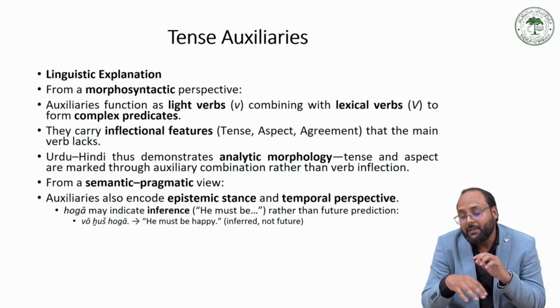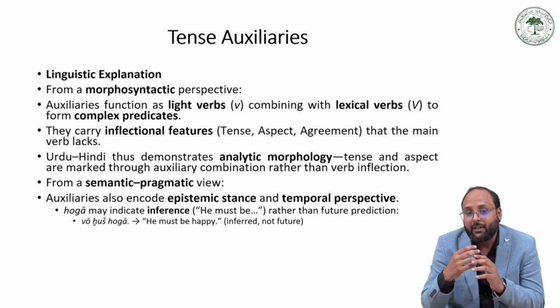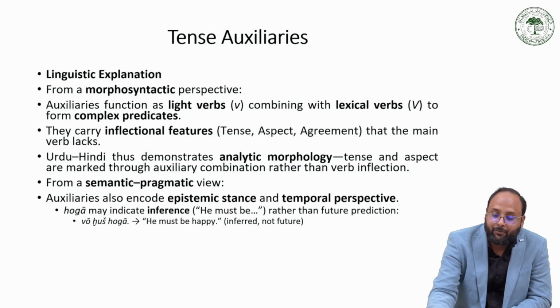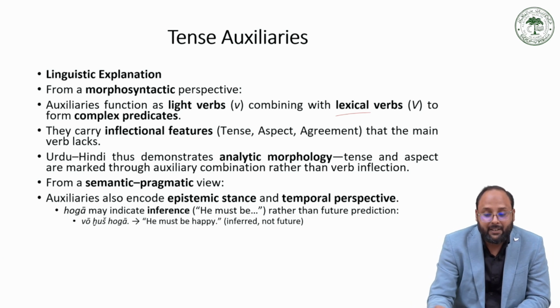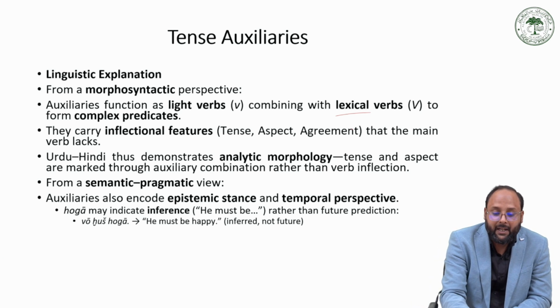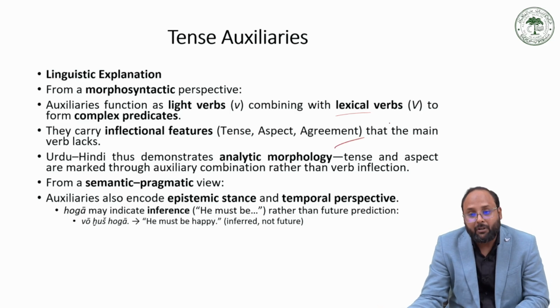So with different subject, with different object, we are using different types of auxiliary. So it has both roles, like morphosyntactic role. So it functions as the light verb combined with lexical or the complex predicate, but they carry the inflection like tense and feature, and that demonstrates the analytic morphology. So tense and aspect are marked through the auxiliary combination rather than verb inflection.